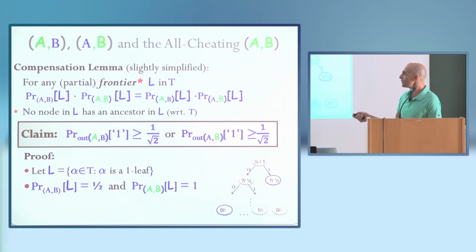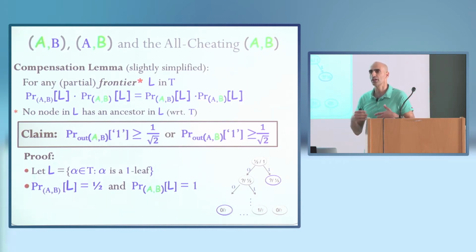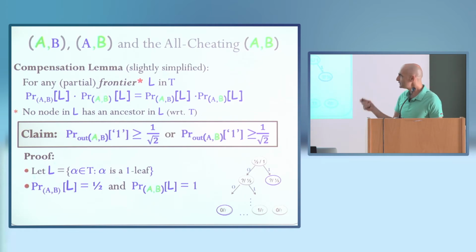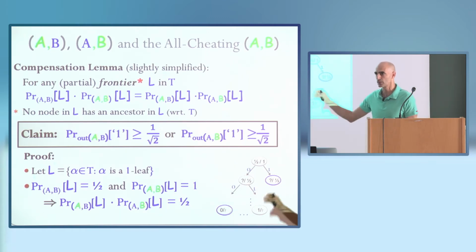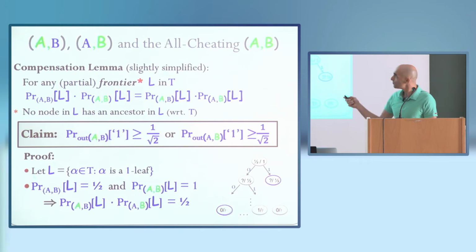Well, it's 1, because both parties work together. They always have a pre-image because they always go towards 1, and they are ideal. So it turns out that this product is 1/2, namely either should be at least 1/√2. And then we're done. This is the whole proof for the ideal case, given that we have the compensation lemma.